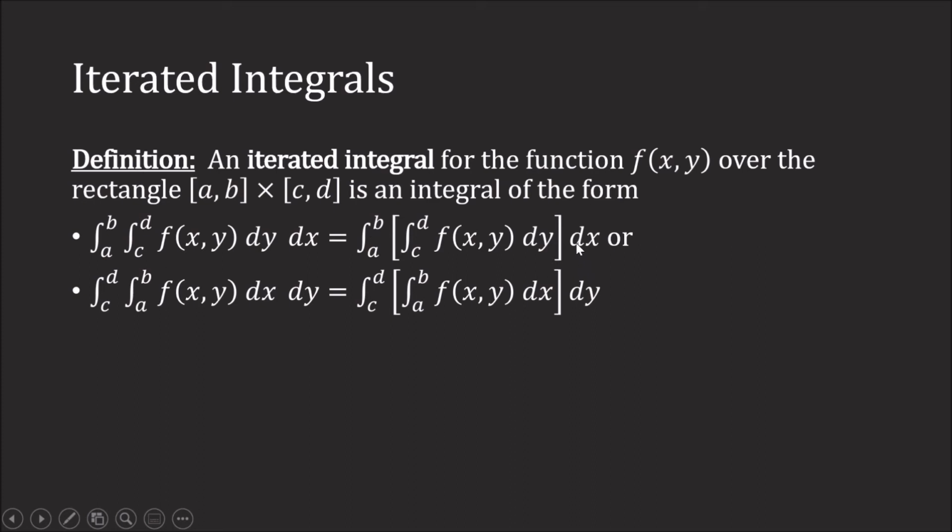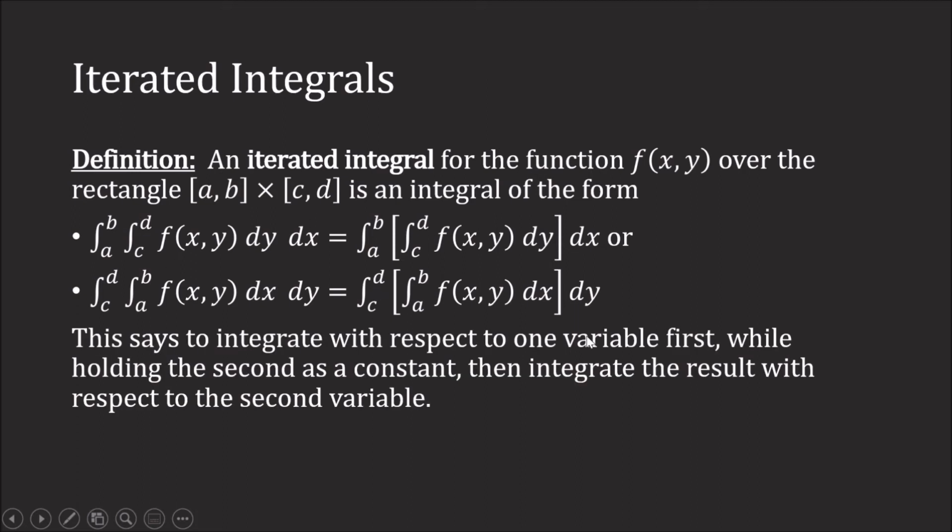Or we can flip the order. Integral from c to d, integral a to b, f of x, y, dx dy. So this interpretation here is, first, we integrate from a to b, f of x, y dx. Then integrate that result from c to d with respect to y. Right, and that's summarized in this sentence down here.